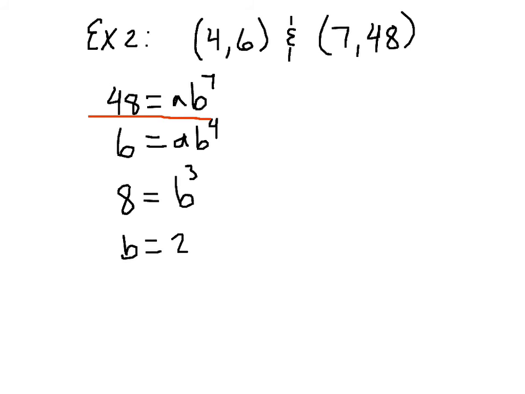Now, let's substitute it back up into this equation. I'll get 6 equals a times 2 to the, looks like a 9. It's supposed to be a 4. So 6 equals 16a.